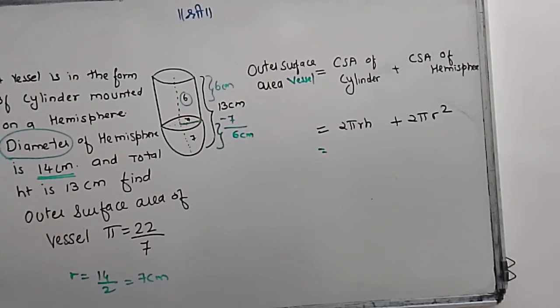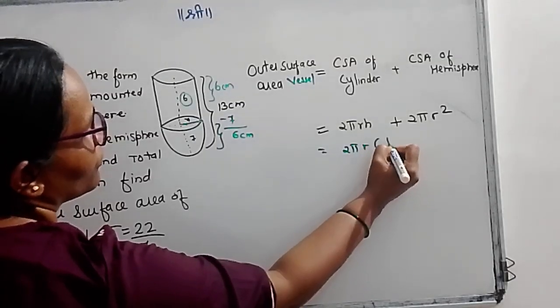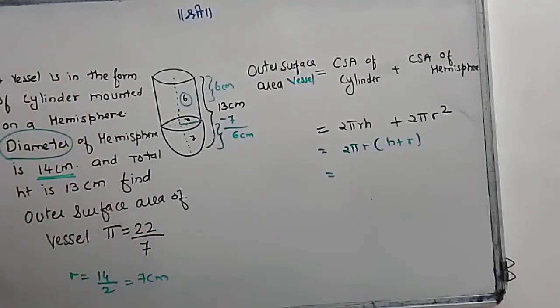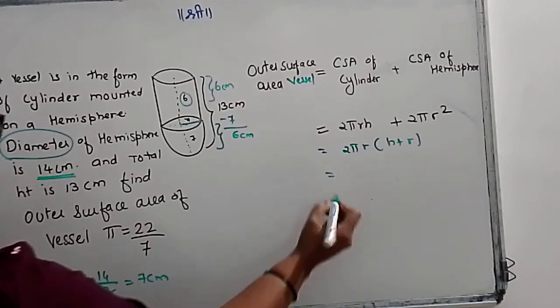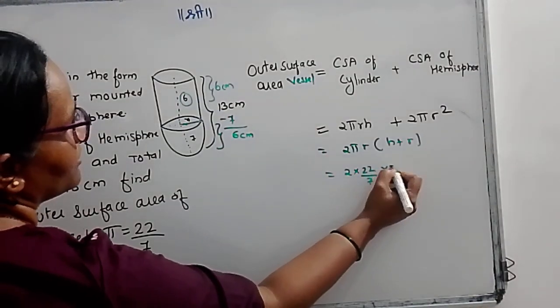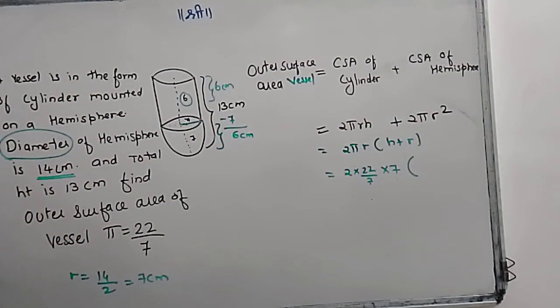We solve the sum. What is common? 2 pi r is common. What remains in the bracket? H plus r. So 2, 22 upon 7, multiplied by 7. H is height of the cylinder.